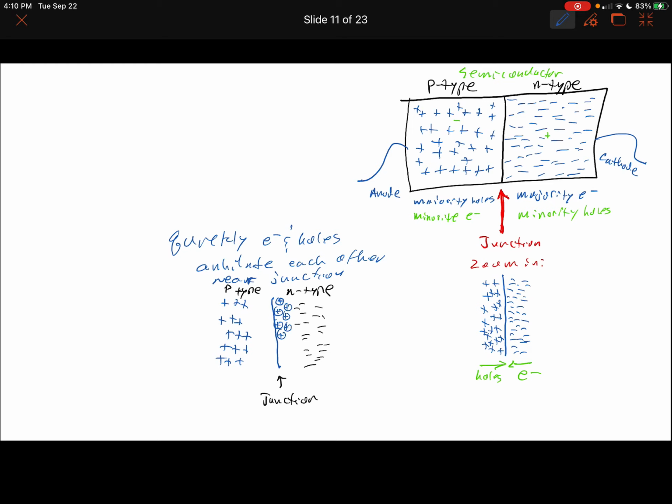That's the dopant atoms, and they'll be left behind. The dopant atom for the n-type area, when it loses its electron, has a positive charge. And for a hole, the dopant atom, when it loses its hole, or it's unfilled, leaves a negative charge.